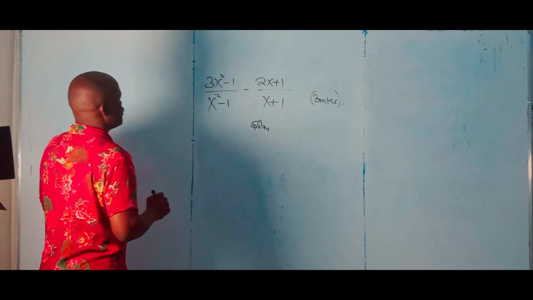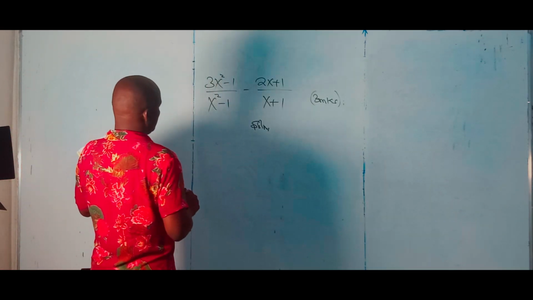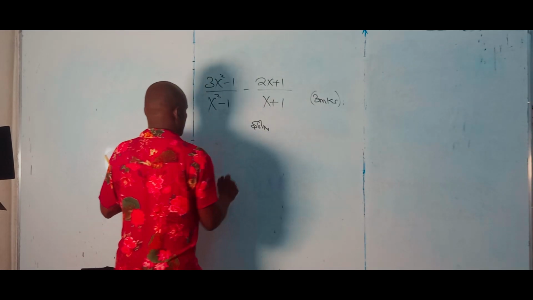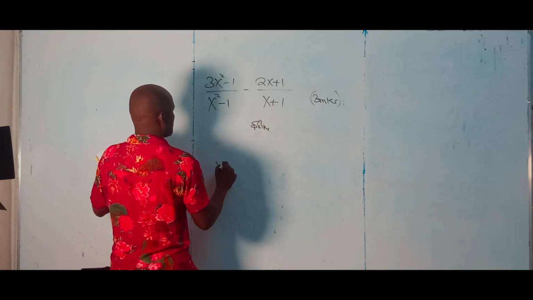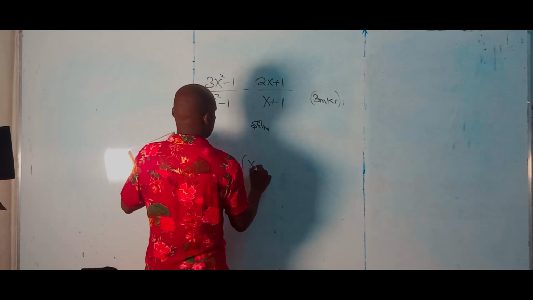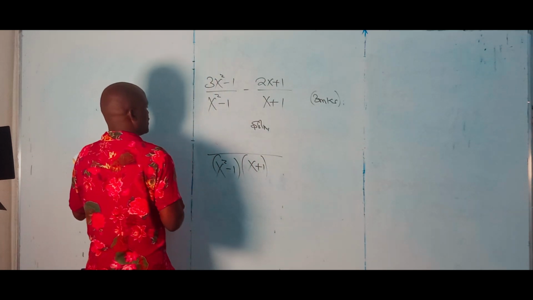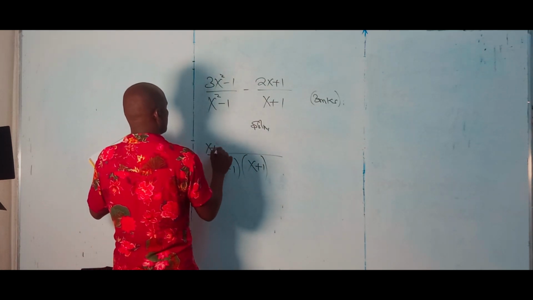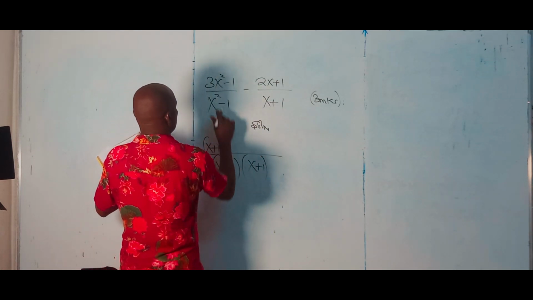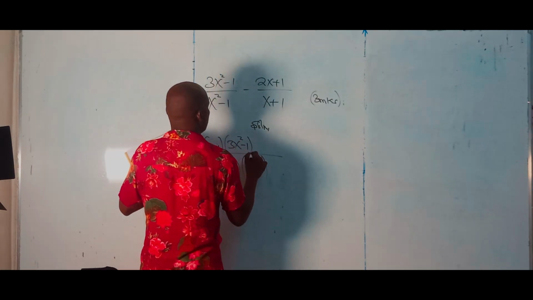First, what we do is to find the LCM. And the LCM of both of these will just be x squared minus 1 times x plus 1. That's the LCM. And if that is the case, then I'll have x plus 1 here to multiply with 3x squared minus 1.